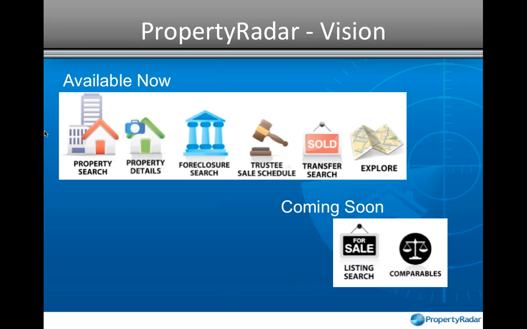Transfer search, the module we're talking about today, gives you a better view into what's happening in your marketplace. And explore is this incredible mapping tool that lets you see the bigger picture when it comes to individual properties around you. Listing search and comparables are coming soon, and one of the key reasons for transfer search is that it's one of the key things we needed in order to build the comparables module. So you can keep that in mind as we go through.